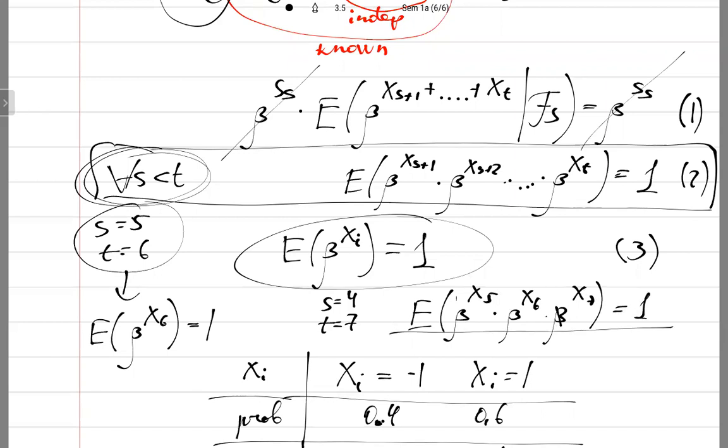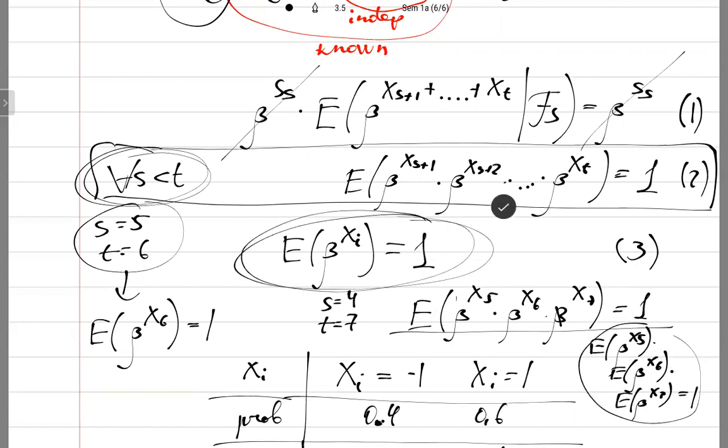Because the random variables are independent, it will be the expected value of beta to x5, of beta to x6, of beta to x7, and that should be 1. But from the third equation, it follows that this is also satisfied. If the expected value of each term in the product is 1, then the product is 1. So for any other s and t, the third condition is necessary and sufficient.